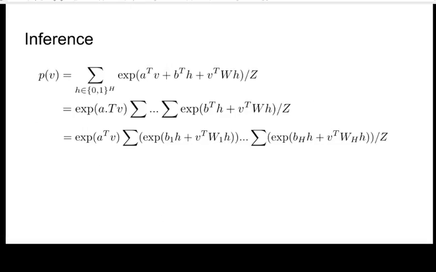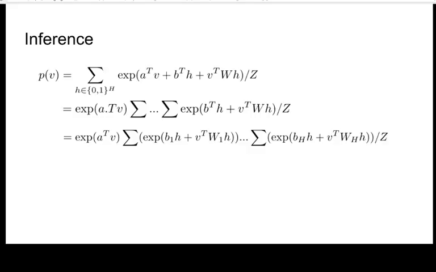So let's talk about inference, where you want to calculate the probability of a V, and you can do this by marginalizing over H. Since it's an RBM, H can be a capital H long vector of zeros and ones, and this is the energy term divided by the normalization constant.